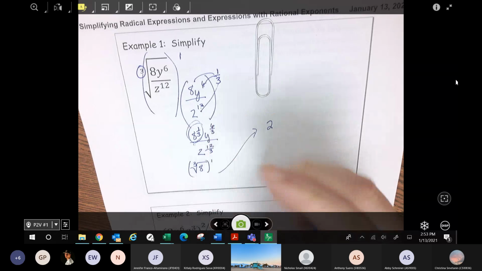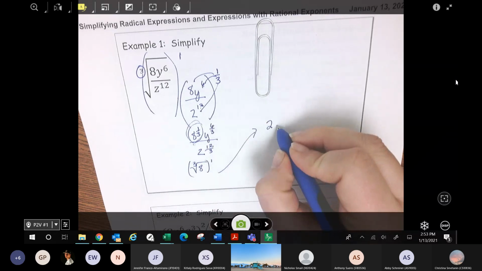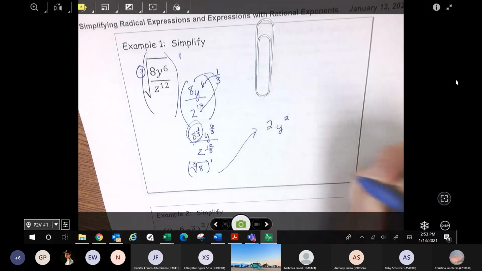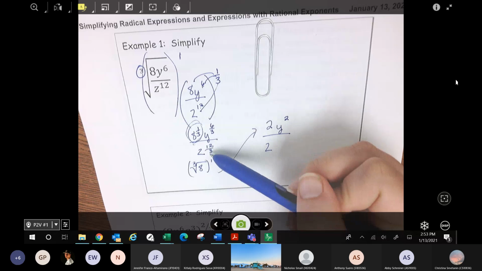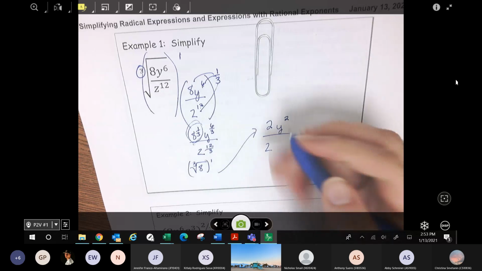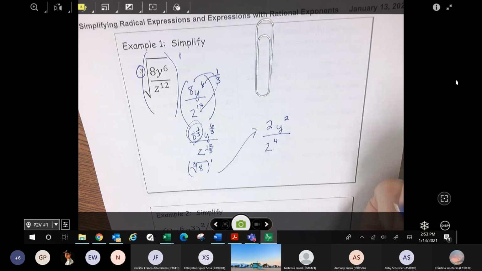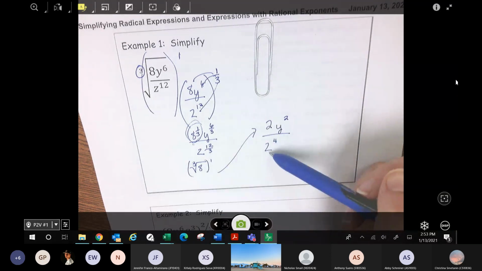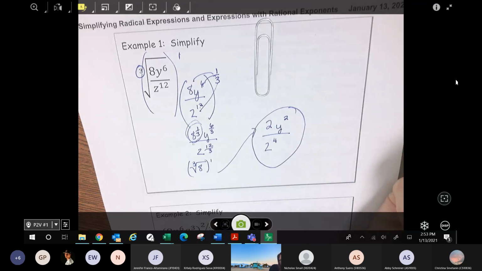What if you reduce 6/3? 6 divided by 3 is 2. And then on the bottom, we have 12 divided by 3, which is just 4, the z to the 4. So that simplifies to 2y squared all over z to the 4. Questions so far?